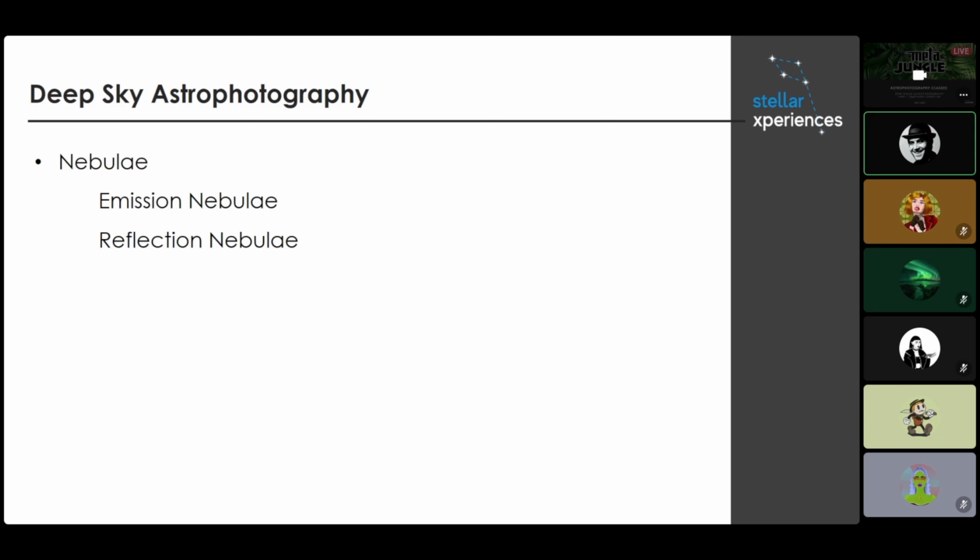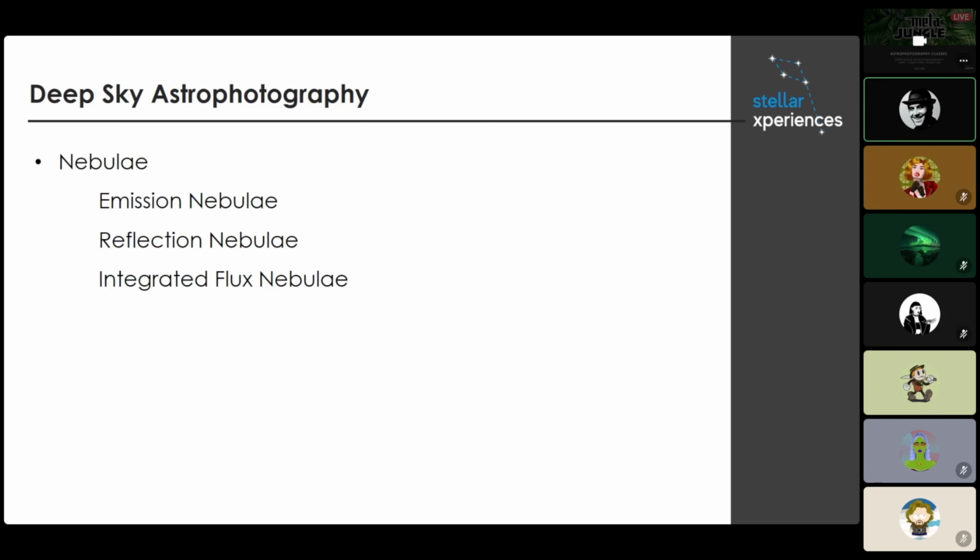When a star is not energetic enough to create an emission nebula, it creates a reflection nebula, because this material or gas actually reflects the light from the nearby star, and these kinds of nebulae are called reflection nebulae. And there is a fairly new concept called integrated flux nebulae.